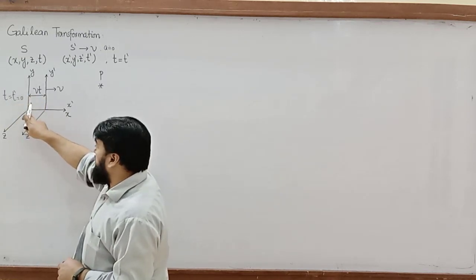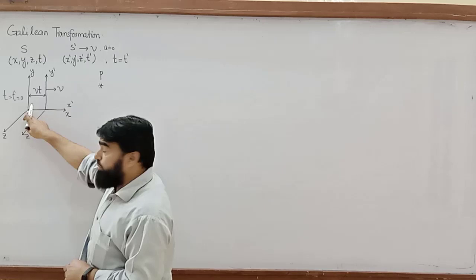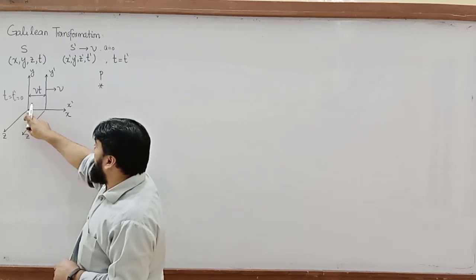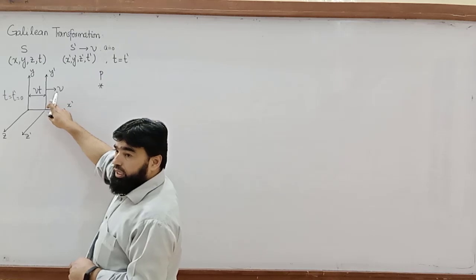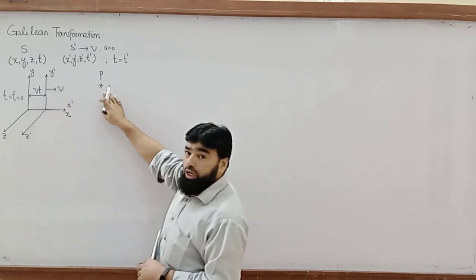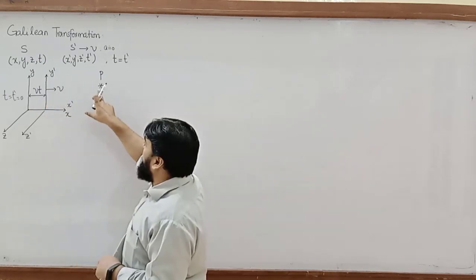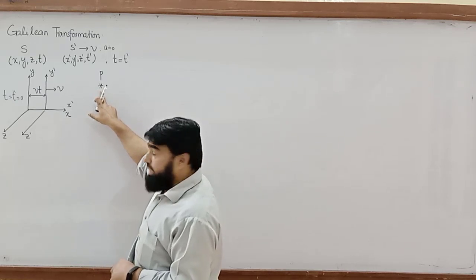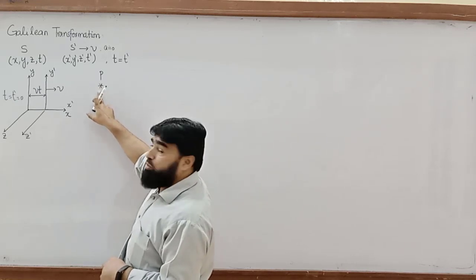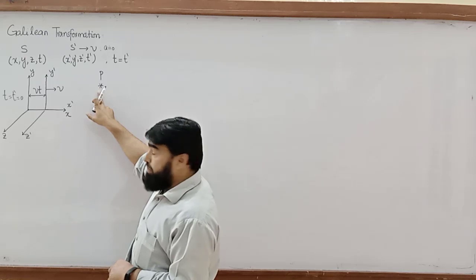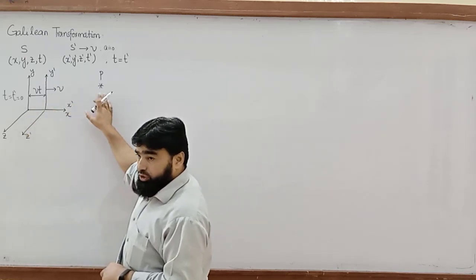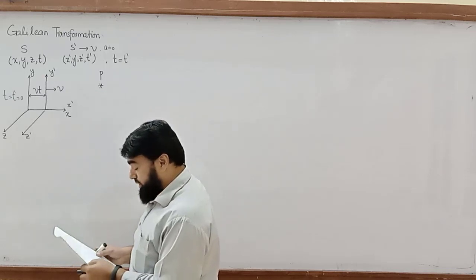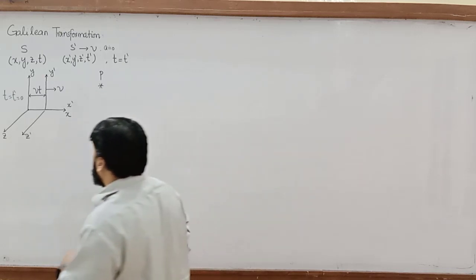They started from the origin here, they were at the same location, and then after time t, this has moved this much distance, and we are here. Now an event is occurring at point P. So both the frames are measuring this one, and now let's see how they will measure this.